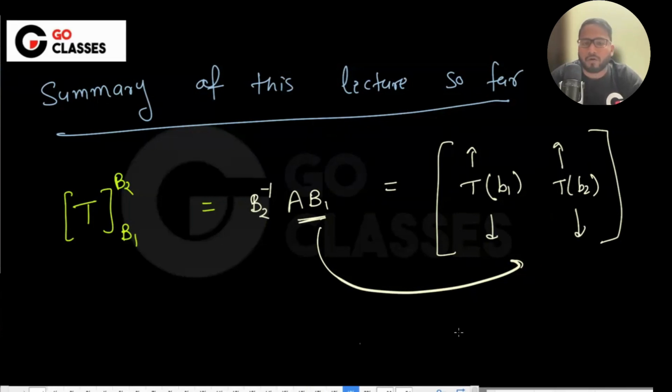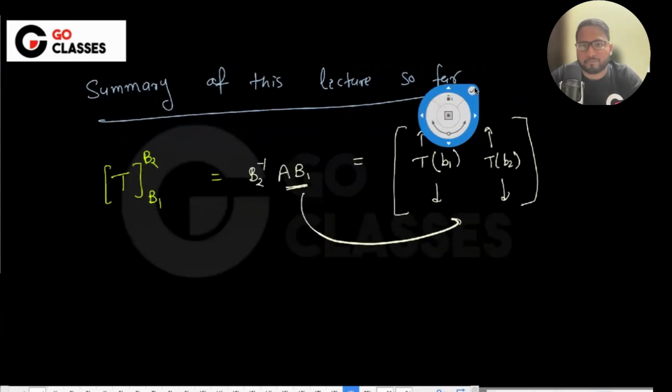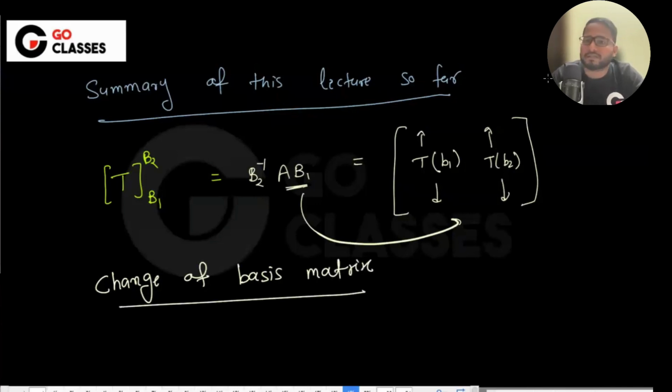Now, let's summarize the second thing that we had today, which is the change of basis matrix. So this is a transformation matrix, but the change of basis matrix is not doing the transformation. It is just changing the basis from B1 to B2.